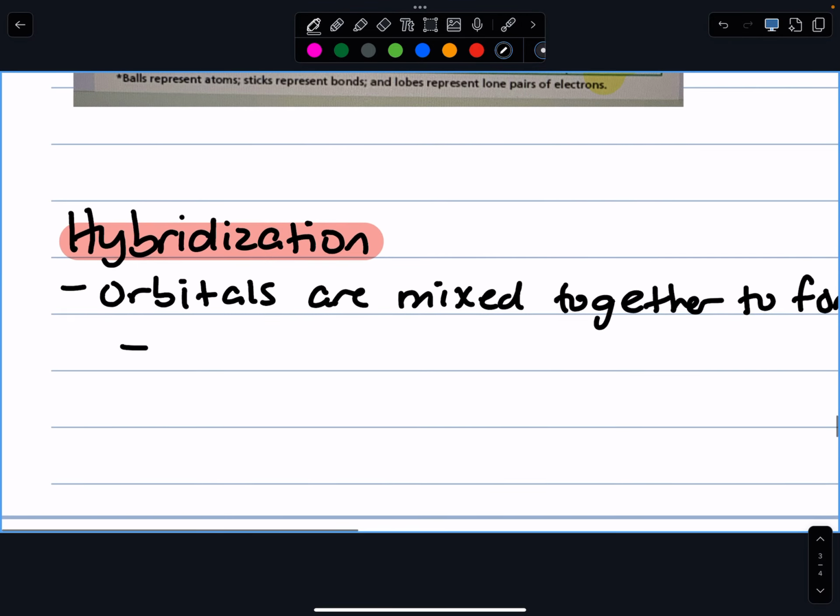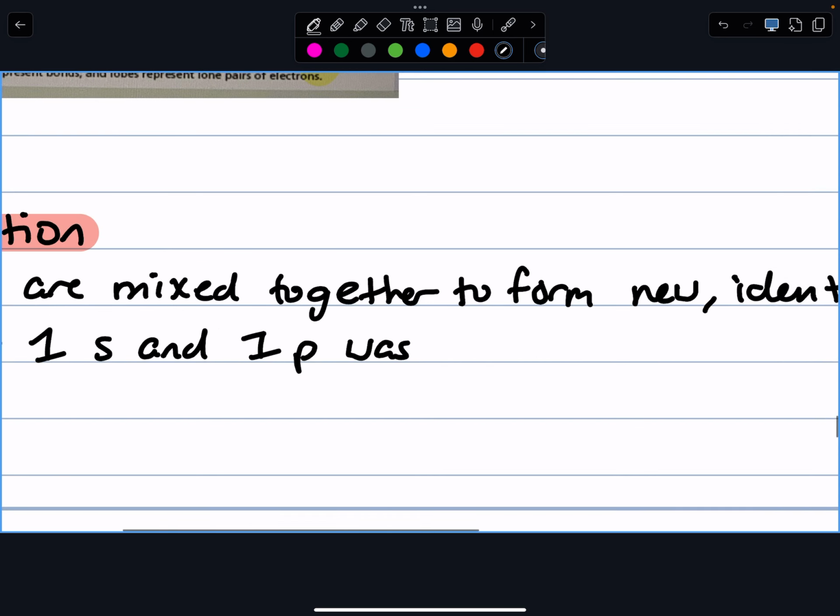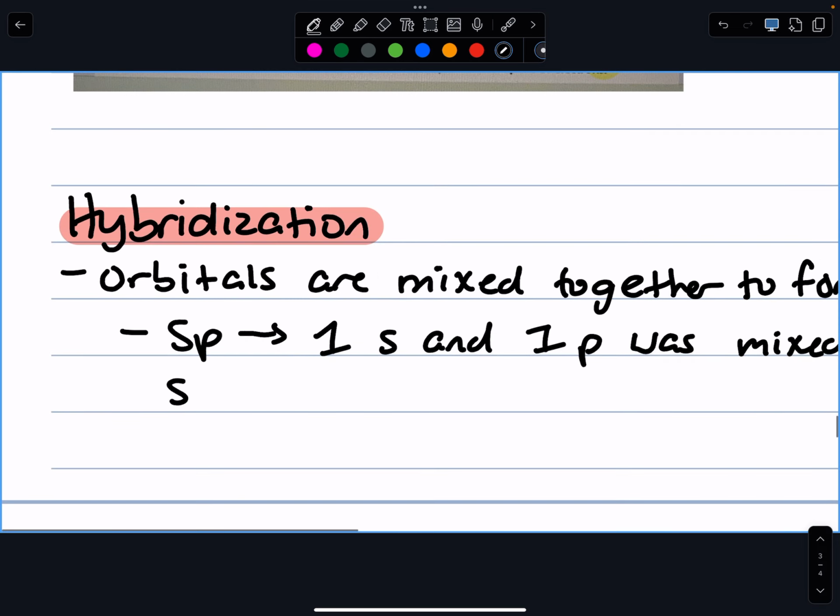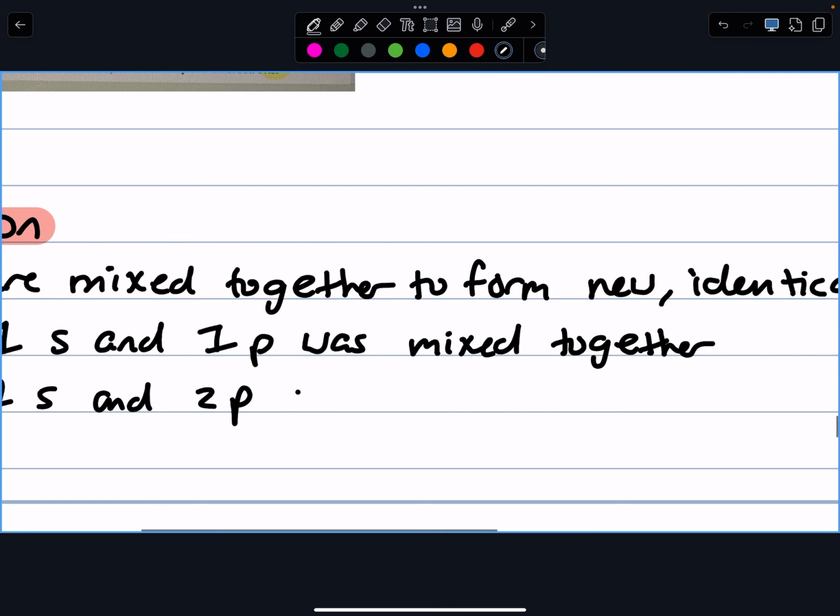Okay, so if I have an sp hybridized, I have one S and one P mixed together. They overlapped, basically. Does that make sense? Okay, if I have sp2, for example, I have one S and 2P mixed together. Does that make sense?